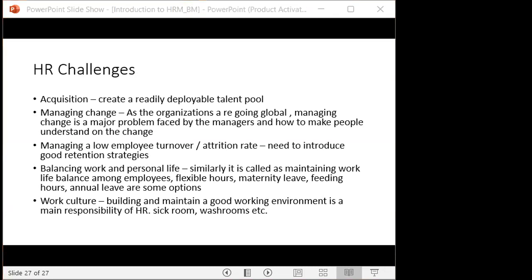We have covered the first module within 3 days, right? So next in our class, we will be discussing the departmentization of human resource management, right?